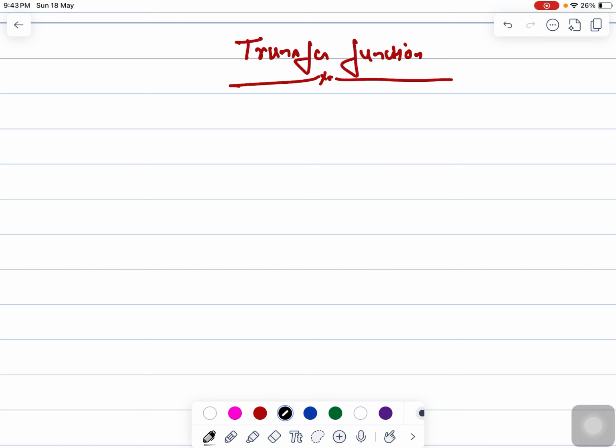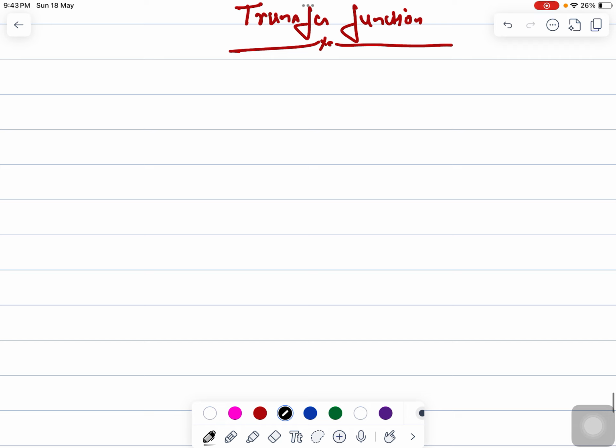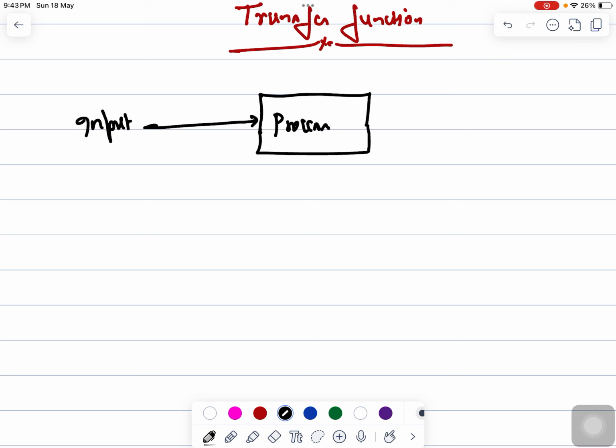Right now here if you see, we had a process. In my first lecture you have seen these things. There was a process, and let's say this one is your process, and I'll be giving some input to this process, and we are expecting some output from this process. Is that clear? Okay, so this is how the transfer function works, right?